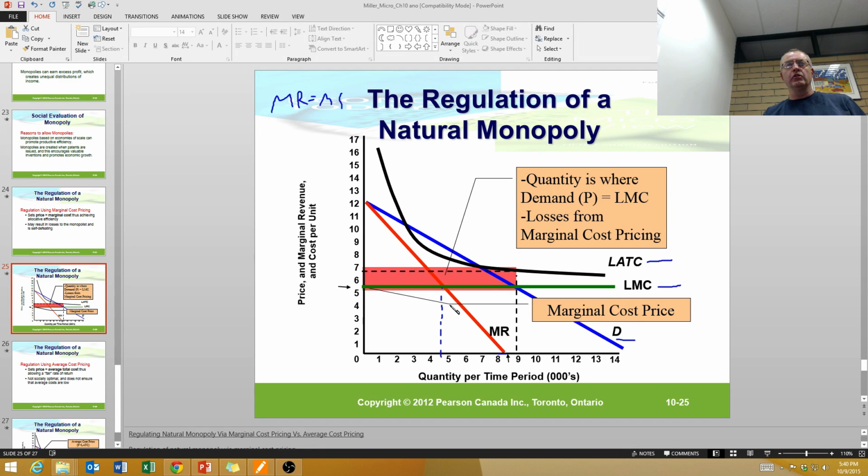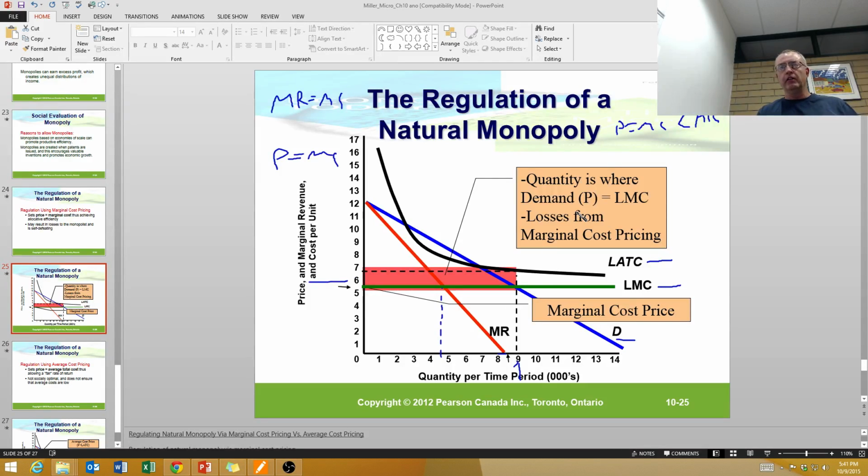And the government says, no, you're not producing enough quantity there. You should produce where the price equals marginal cost. So you should produce at this output level here, so at a higher level of output. But we can see from this little diagram here, a drawback of this is if the price equals marginal cost, but we're still below our average total cost, then the monopolist is going to lose money.